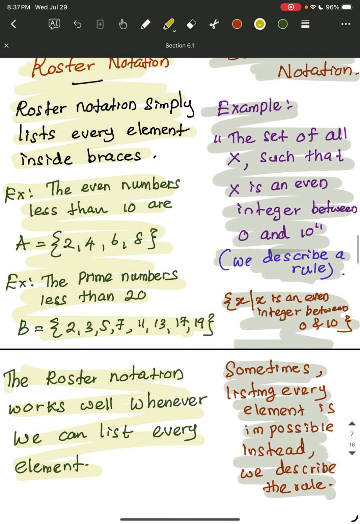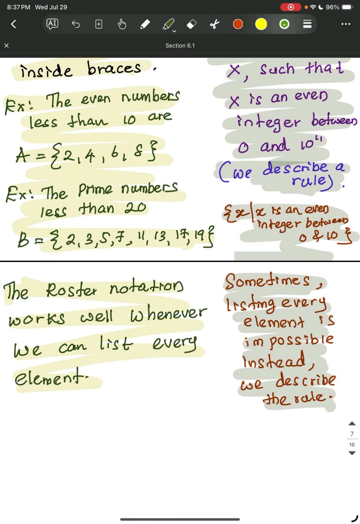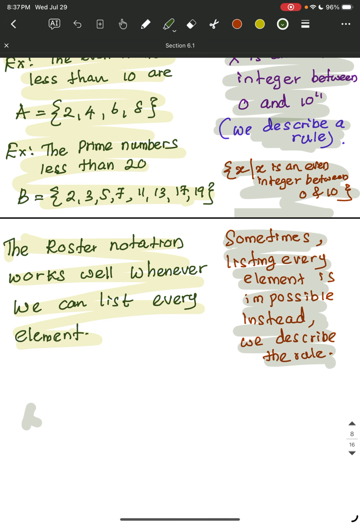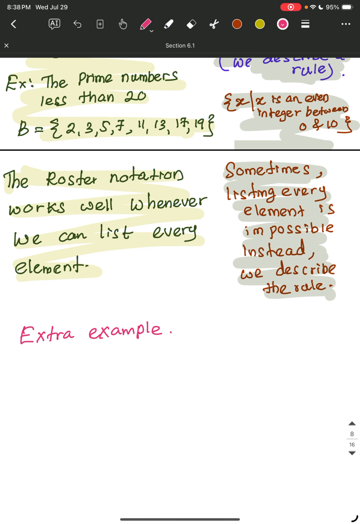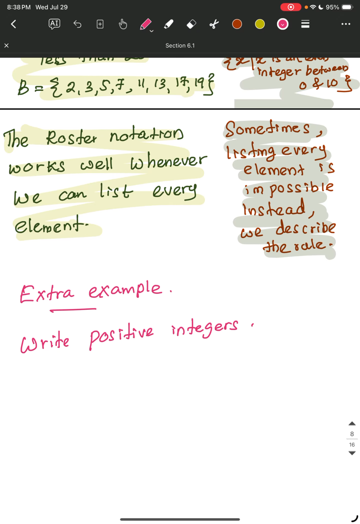Okay, then let's see an extra example. Write positive integers. Can we list all positive integers?